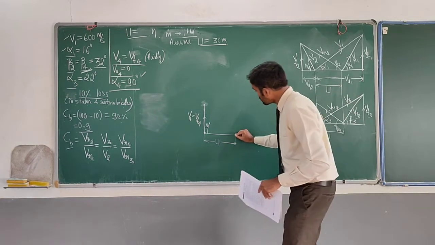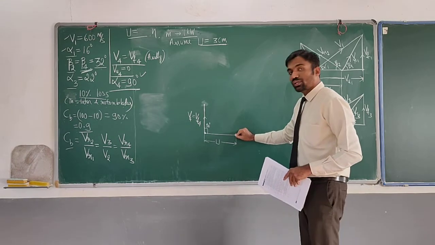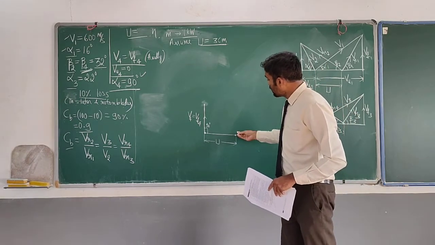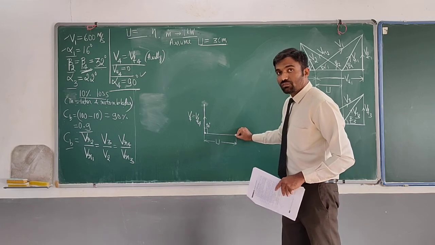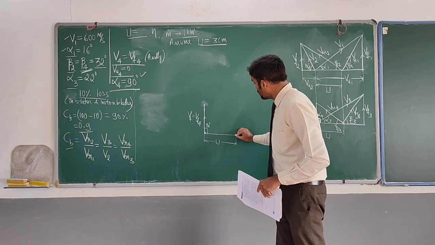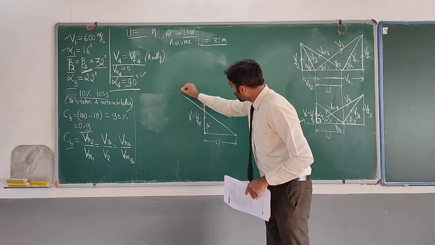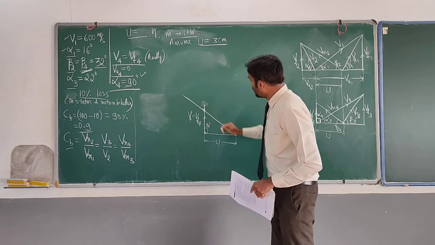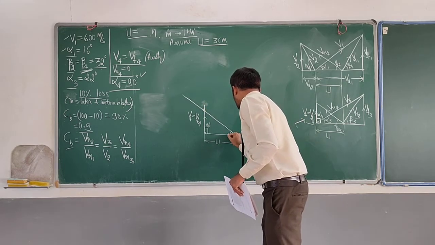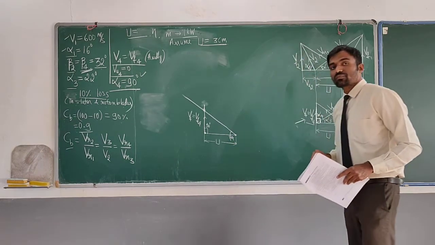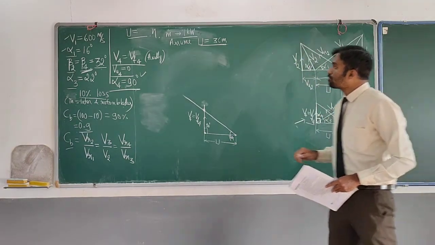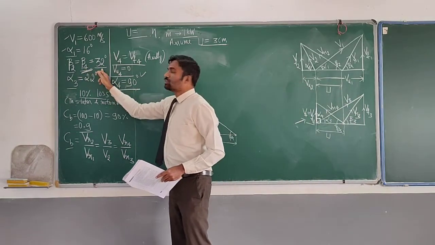So I get this intersection point. Beta 4 is equal to 32 degree.